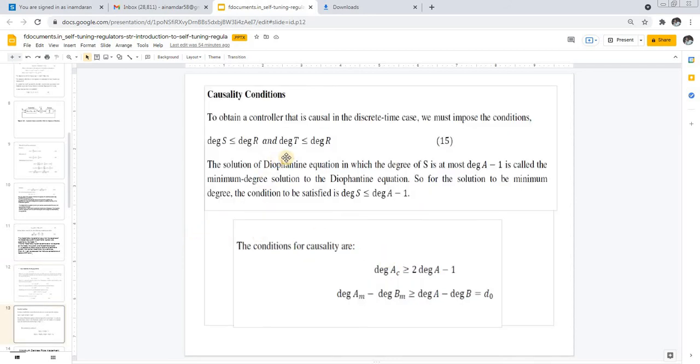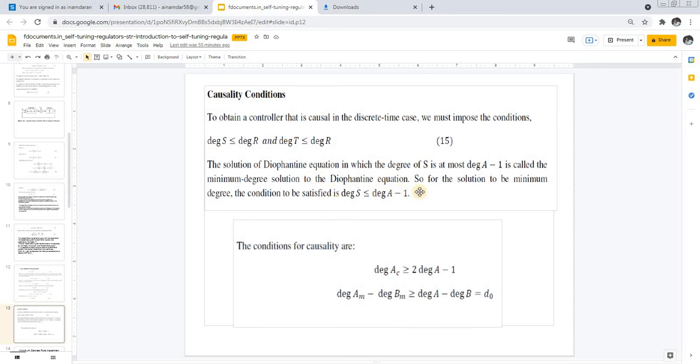After that we have to have a look at the causality conditions. To obtain a controller that is causal in discrete time cases, we have to impose these conditions: degree of S should be less than or equal to degree of R, and degree of T should be less than or equal to degree of R. The solution of Diophantine equation, equation number 6, in which degree of S is at most degree of A minus 1, is called the minimum degree solution.